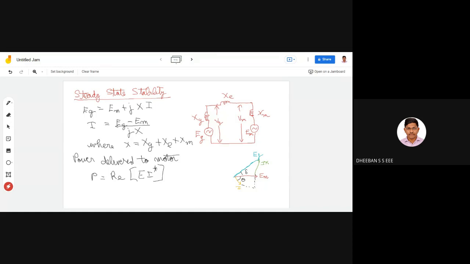Okay, so the steady state stability analysis starts from this reactance diagram, and we will be drawing the phasor diagram. You have to go through this phasor diagram, which you have already studied in your electrical machines, and you might have gone through the power circle diagram and all.